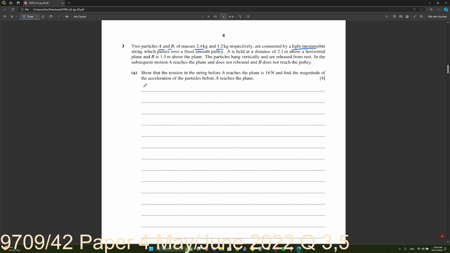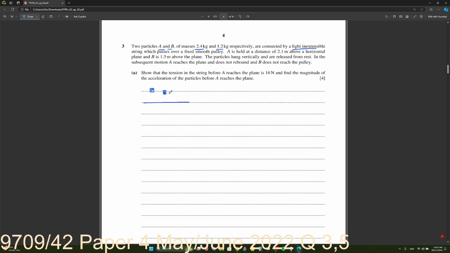So I'm going to draw two FBDs. First, a schematic diagram of what's going on. We have a plane over here, and we have A and B. A is 2.1 above, so I'm going to put A up here and B over here.